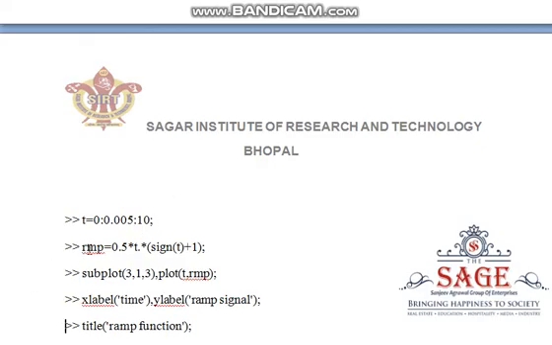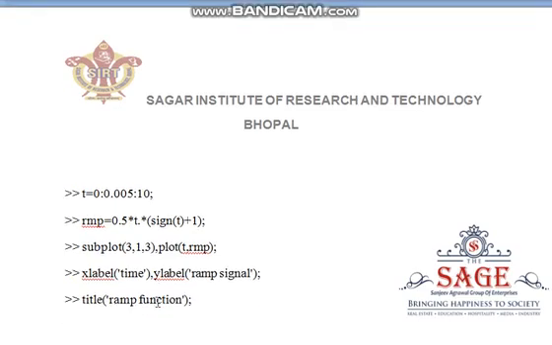We have defined the ramp signal, ramp, with the help of a mathematical function. Then with the help of subplot we have divided the figure into 3 rows, one column, and the third figure. We plot t and ramp. The x label is time, the y label is ramp signal, and we have put the title as ramp function.